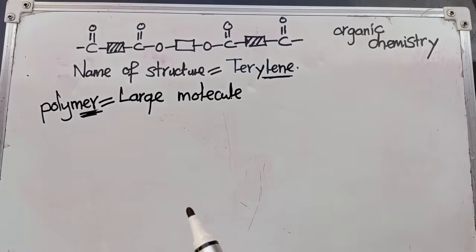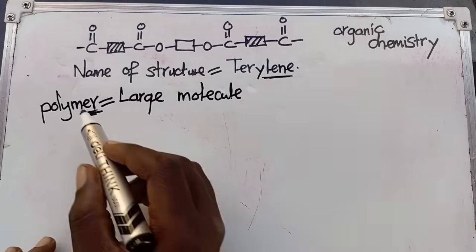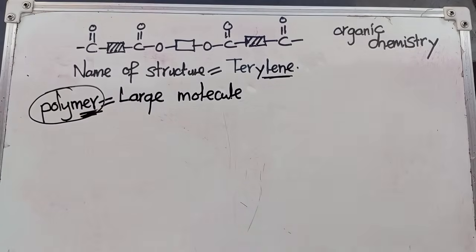A polymer is formed when we combine small units which are called monomers. So when we bring small monomers together, we combine them, we get to form a large molecule. That large molecule is what we get to call a polymer.